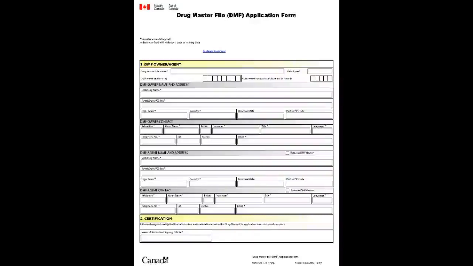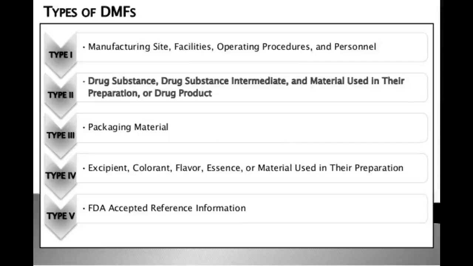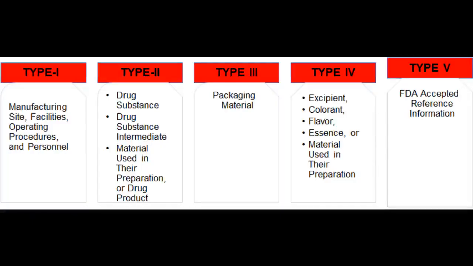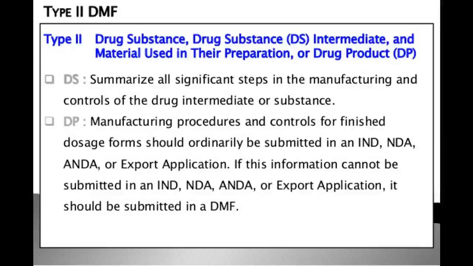So friends, what are the different types of Drug Master File? Generally, there are 5 types of Drug Master File. The most common among them is Type 2, which is followed by Type 3 DMF, and only 4 types are actively submitted as the Type 1 DMF has been phased out.